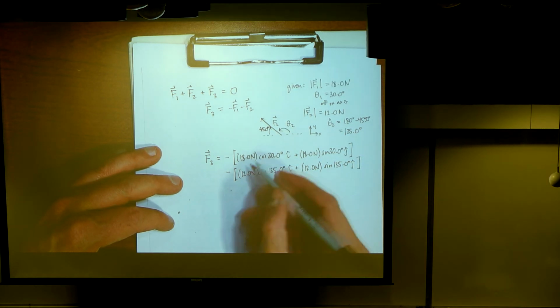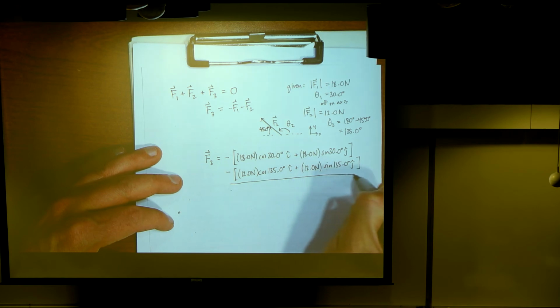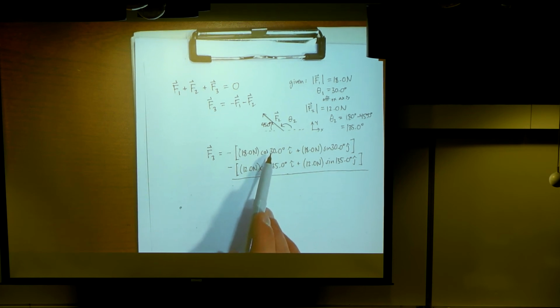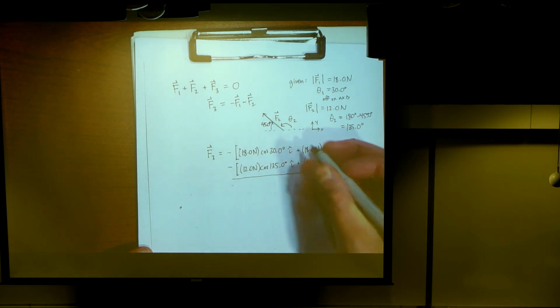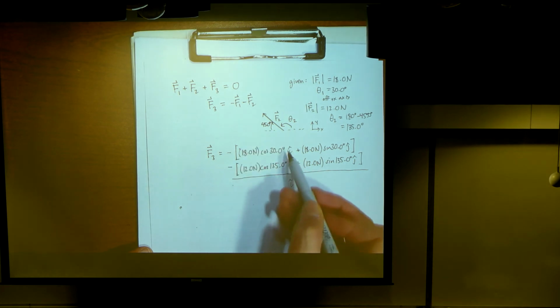So basically, to get the x and y components of vector F3, here's what I'm doing. I'm taking minus 18 newtons times cosine 30, and then minus 12 newtons cosine 135. And that will give me the x component for F3. Just add all this together.